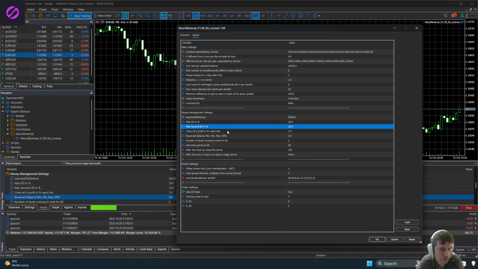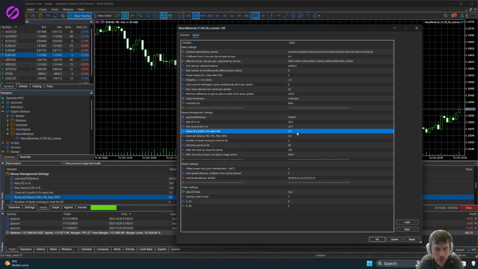Okay, this is to close everything if we have 1% in total profit. Normally we will always close before that, but this is just in case something wrong happens, some bug with the expert advisor. It shouldn't, but at least we ensure that we close the trades at some point.